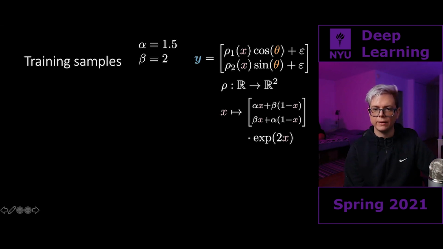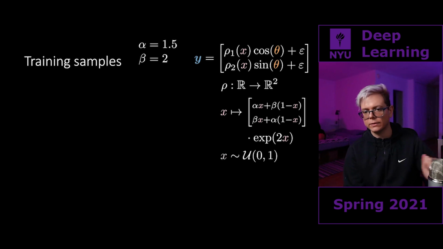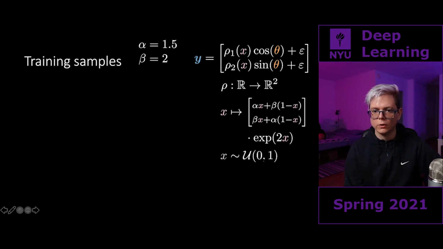So as x goes from 0 to 1, whenever x is equal to 0, the first component, rho1, is going to be equal to 2. And then as x goes from 0 to 1, we go from 2 to basically alpha, which is 1.5. So the rho1 component basically goes from 2 to 1.5.